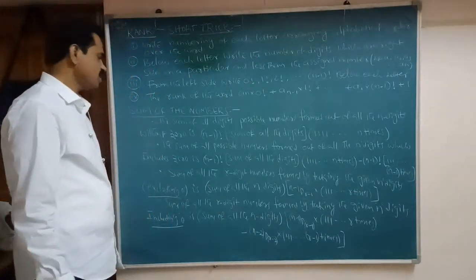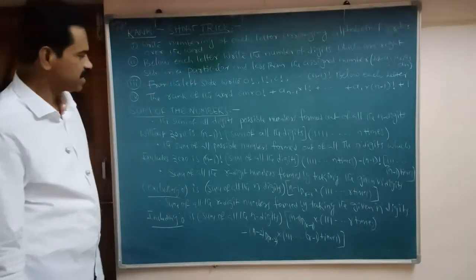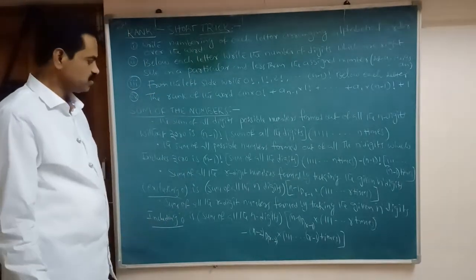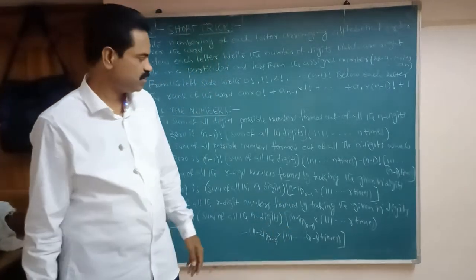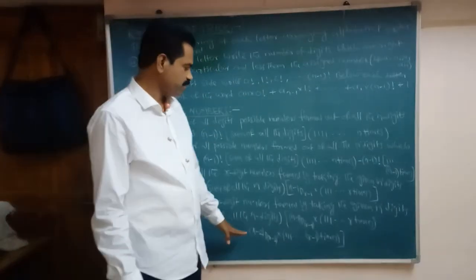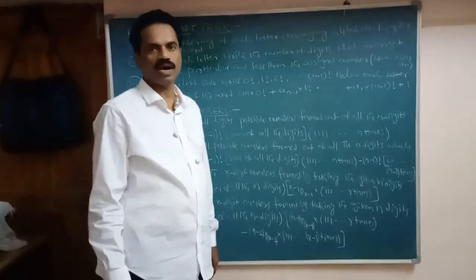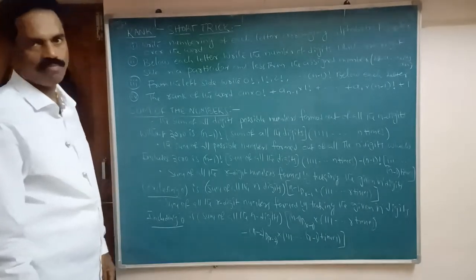Including 0, it is the sum of all the n digits into n minus 1 Pr minus 1 into 1, 1, 1, and so on r times, minus n minus 2 Pr minus 2 into 1, 1, 1, r minus 1 times. These are the formulas. Based on these formulas, we will do the problems.